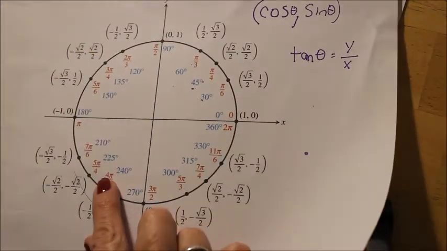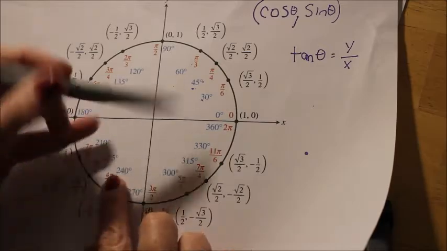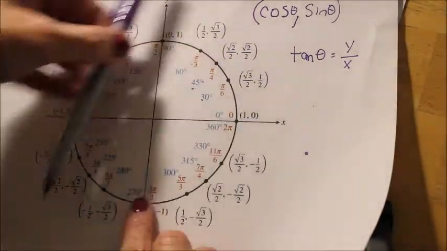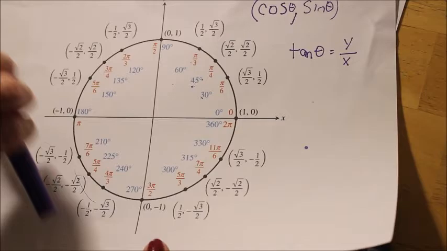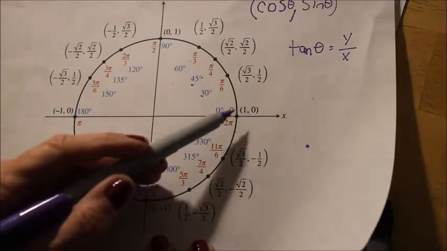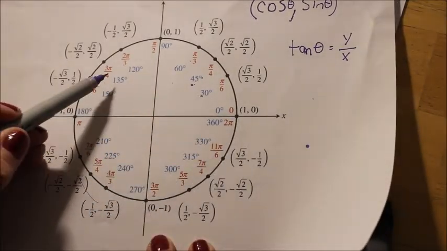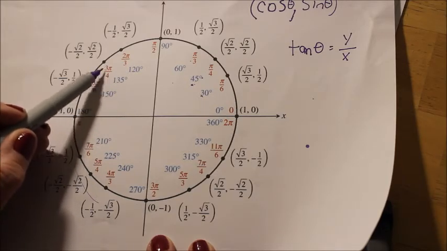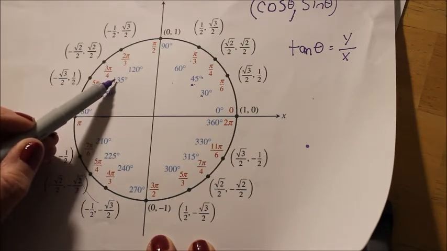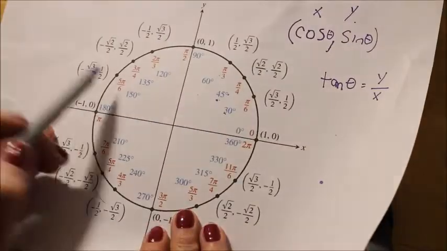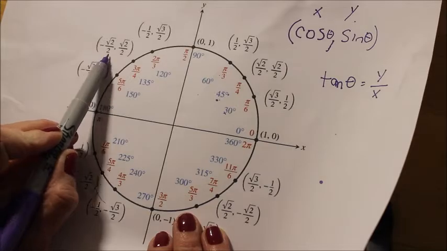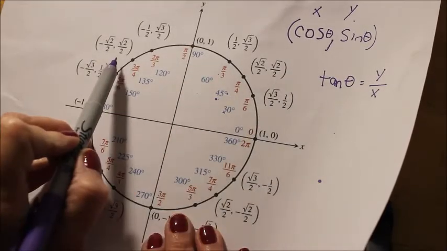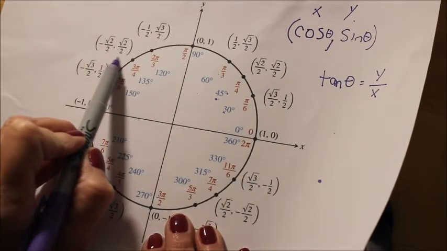However, you're actually going to have to go clockwise 225. So clockwise 225 is going to land you right here at 135 degrees. And so what are we looking for? We are looking for the sine of that, which is our y coordinate. So that's going to give us square root of 2 over 2.